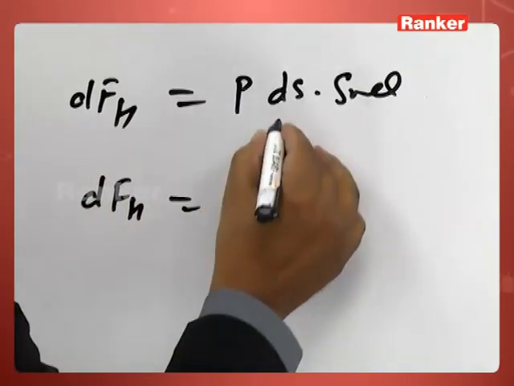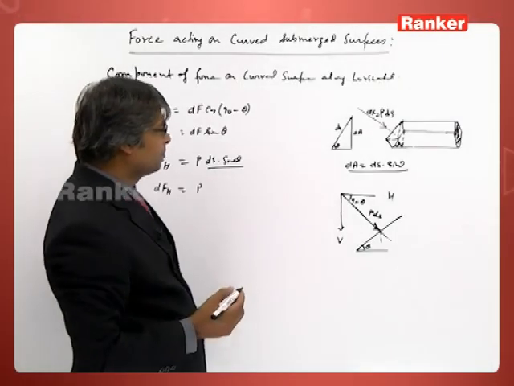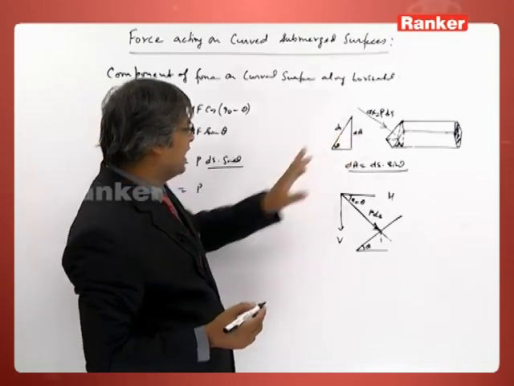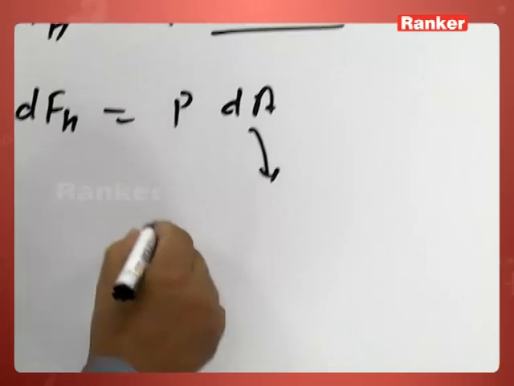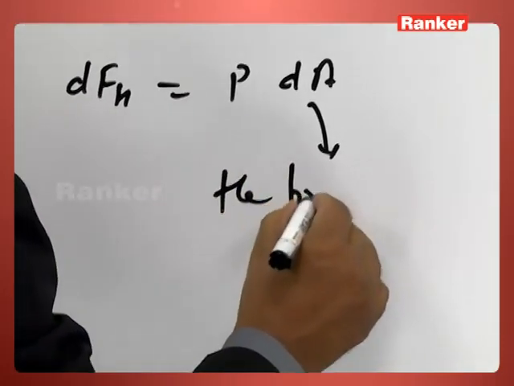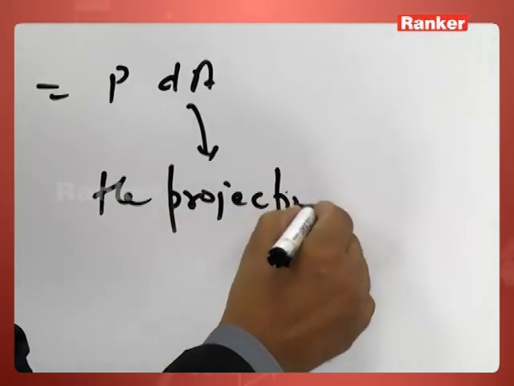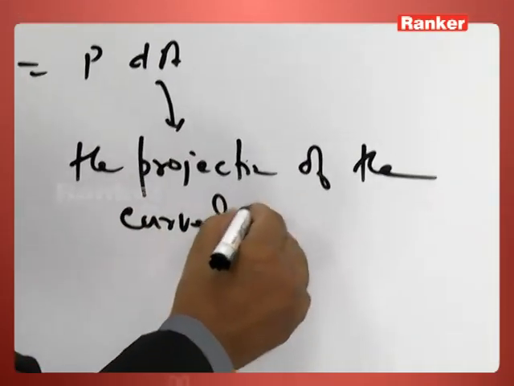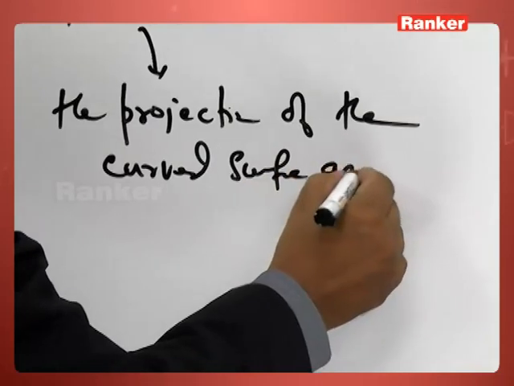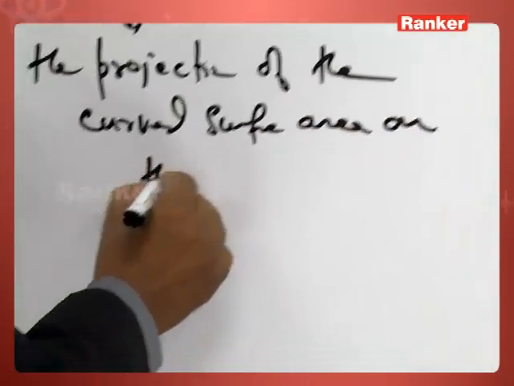Now you see ds sin theta is nothing but dA, the projection of the curved surface area on the vertical.